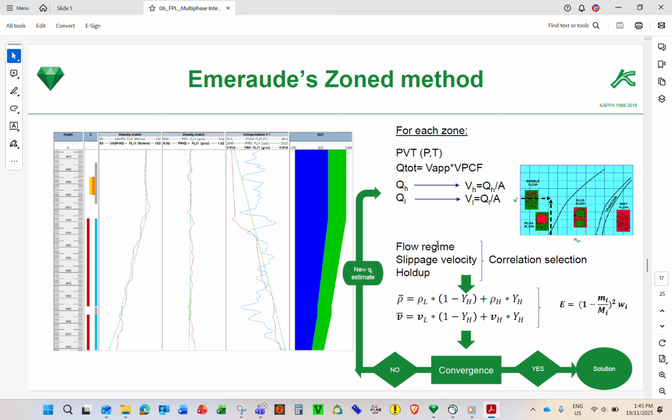We see on the table we have PVT, we have velocity, and this one is two-phase, so we have the density. For each gray zone, we have PVT because we have pressure and temperature.